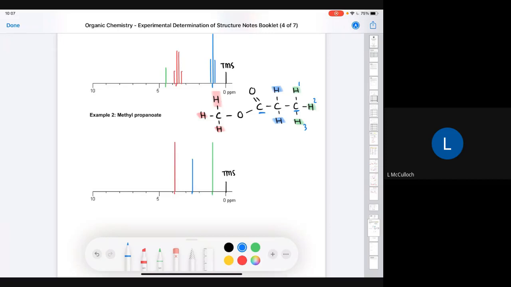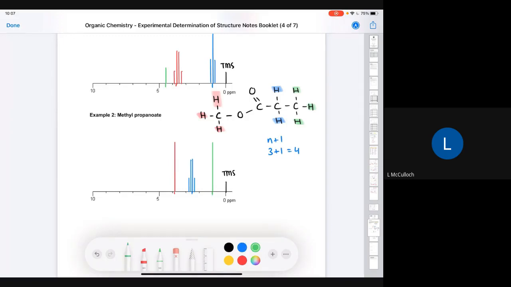So what we are going to be doing is applying that N+1 rule for 3 neighbours. So that blue peak is going to split into 4. Which is exactly what we're going to do there.